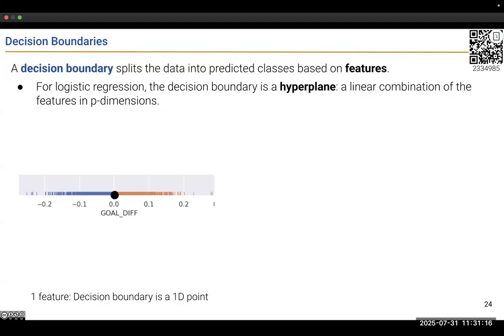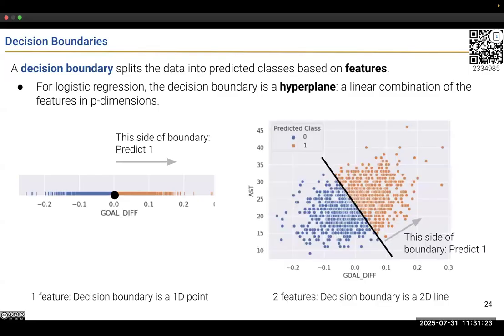This decision boundary separates my predicted zeros and predicted ones. If I have 2 features, say goal diff and assists from the NBA dataset, my decision boundary under logistic regression is going to be a line. Everything above this line, I'm going to predict a class of 1, and everything below this line, I'm going to predict a class of 0.